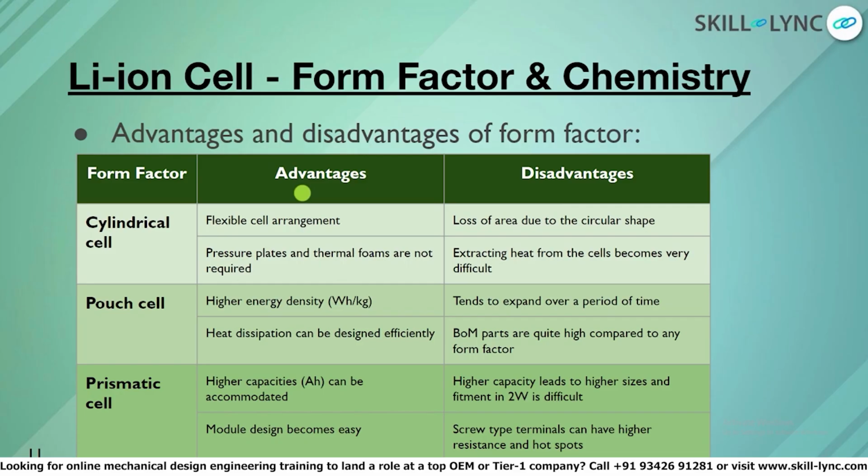You can orient it in any direction so that you can get the required capacity. It's just that you will need more cells in series and parallel combination, but when you have space and flexibility, you can do it either way. That is one thing which cylindrical cell users take advantage of, primarily Tesla. It's the only car manufacturer who uses cylindrical cells, and that's the advantage which they see in it.